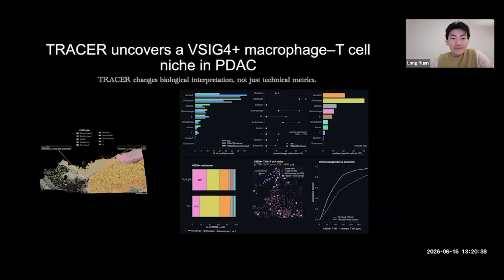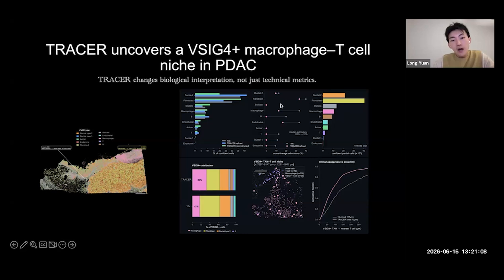Back to the PDAC Xenium IO sample, Tracer improves the marker specificity and identifies a large population of confident partial cells. Among these, macrophage and fibroblast associated partial profiles are prominent, consistent with the dense stromal and myeloid structure commonly observed in PDAC samples.